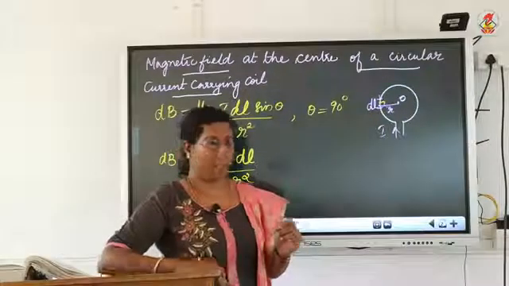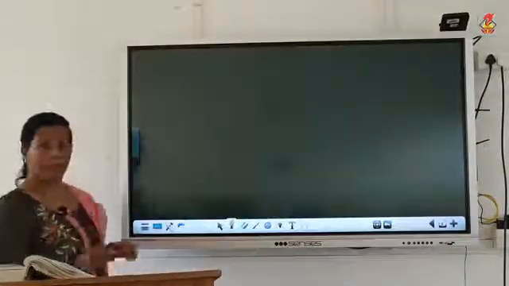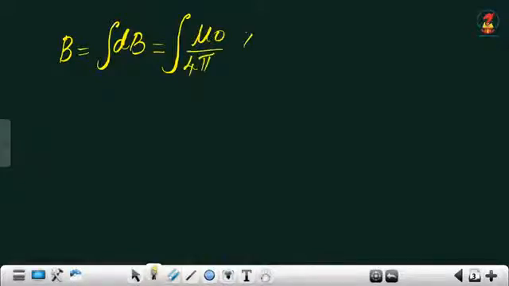So what must we do? We have to integrate. The net field at point O is given by B is equal to integral dB, which is equal to integral of mu 0 by 4 pi, I dl by r square.